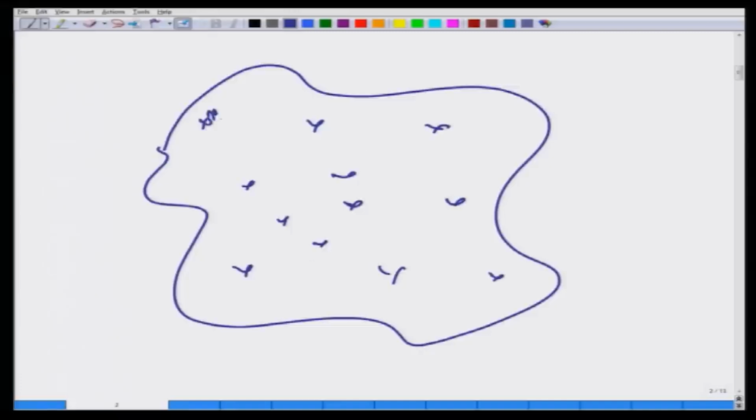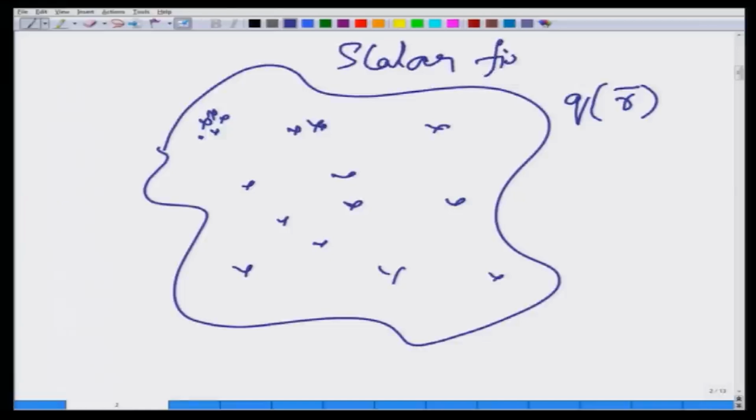Maybe the charges are concentrated more here, and some are concentrated over here, but the important point to note is that at each position I can put down a number which gives me the charge distributed at that particular point. Such a distribution of numbers in space is called a scalar field. A scalar field is one in which we have a distribution of numbers.